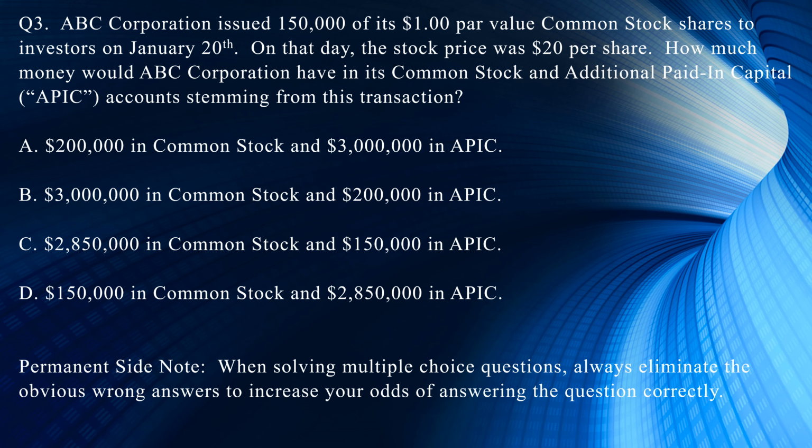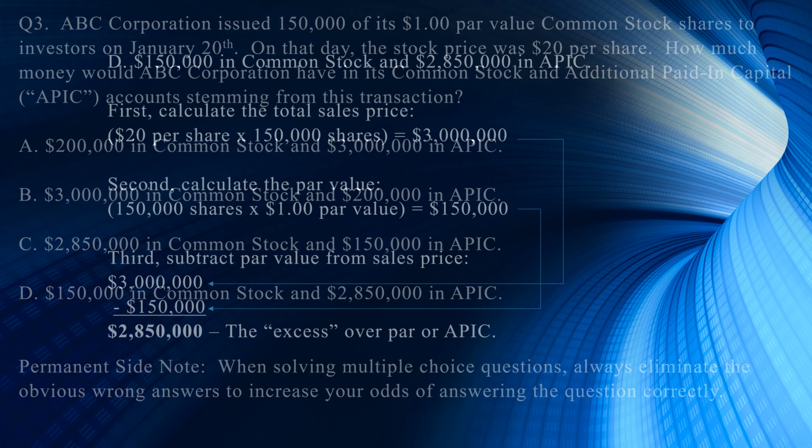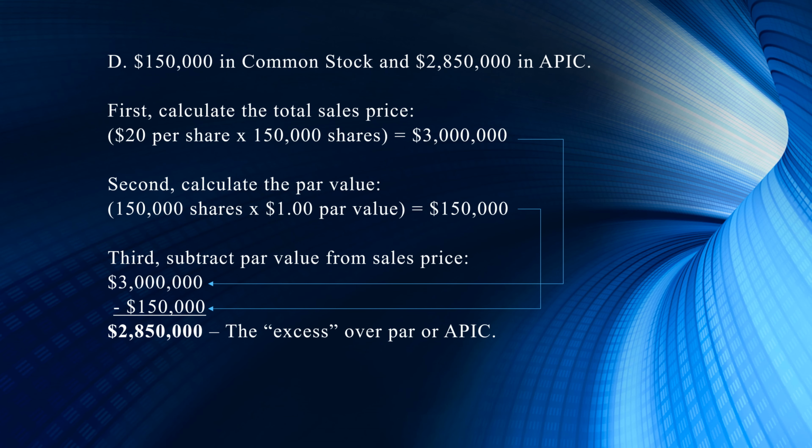Let's take a look at the calculation. First, you calculate the total sales price, as I mentioned. You take the $20 per share, multiply it by 150,000 shares. That's equivalent to $3 million. Second, you calculate the par value by taking the 150,000 shares and multiplying it by $1 per par value, right? Which is $150,000.